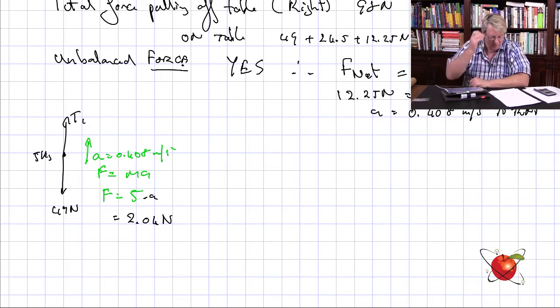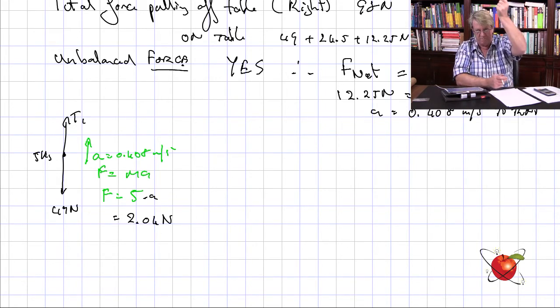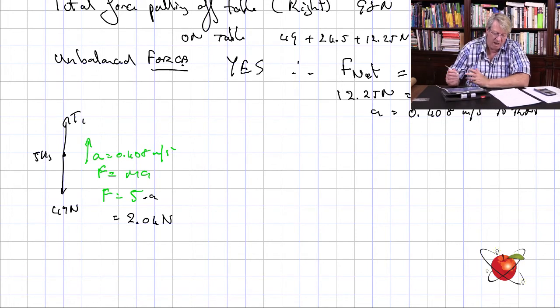So we say, okay, is T1 up there more than the weight down? Yes, it's more than the weight because it's going up. Because if you pull with more than down, it's going to move up. It's not in equilibrium, remember. So if it's more, by how much more? It's more by 2.04.